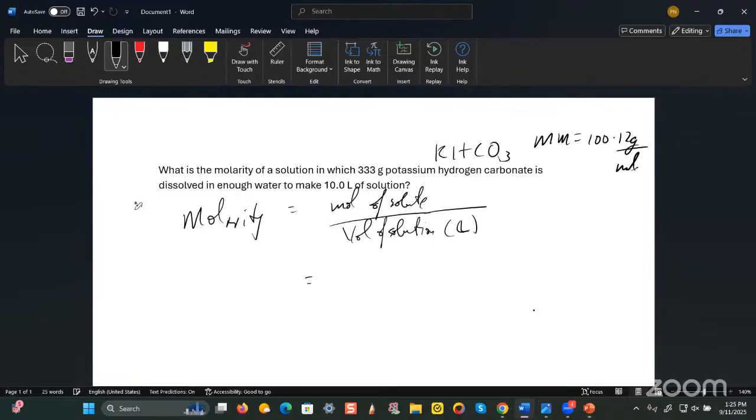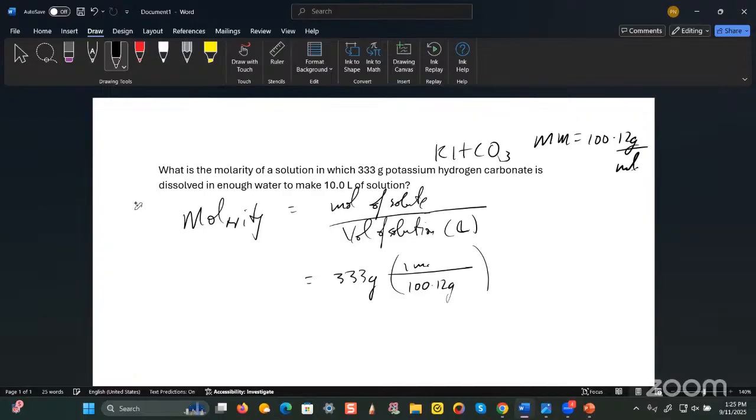Okay, so what next? Now that we have the molar mass, divide this by 100.12 grams. Oh, I'm sorry. It's the other way around. Yeah, 100.12 goes below.